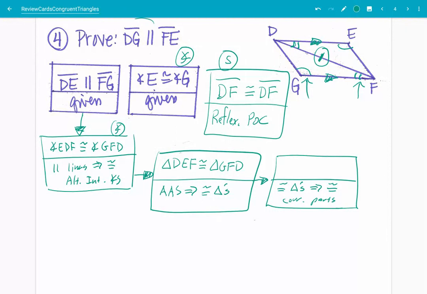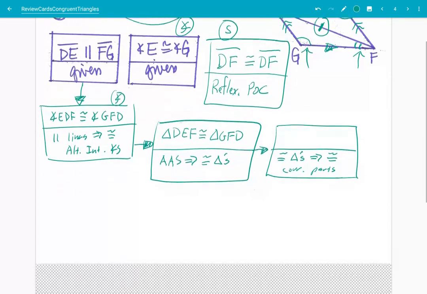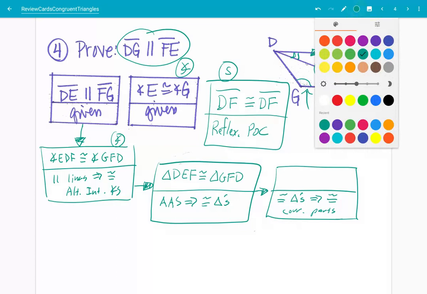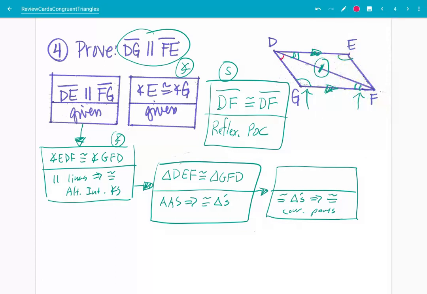So what parts will show me that these sides are parallel? Well, the other angles, these right here, let me use a different color so it's easier to see. This is getting a little bit messy. This angle here and this angle here are congruent because of the triangles. So I'll put that in there.